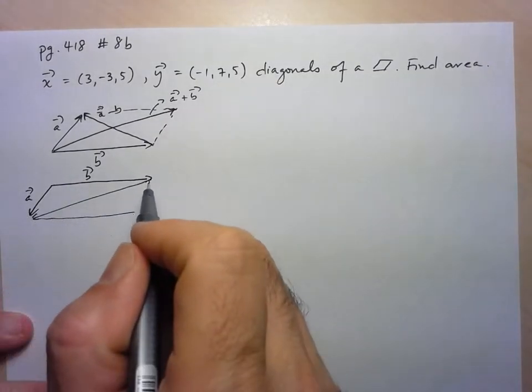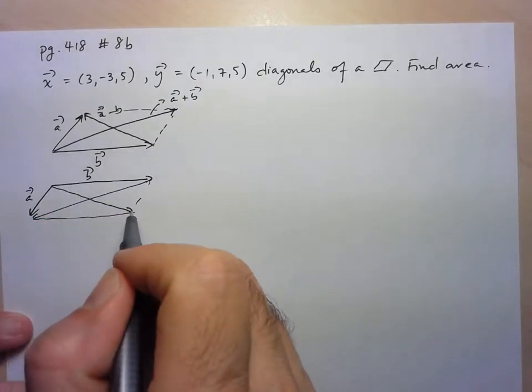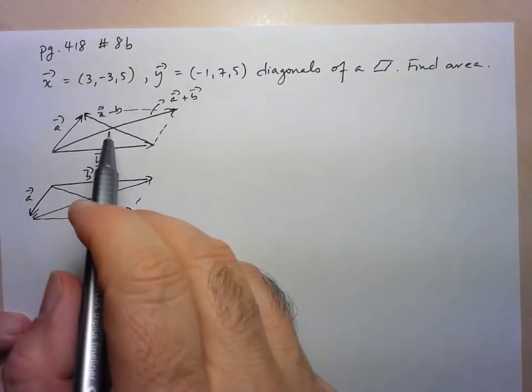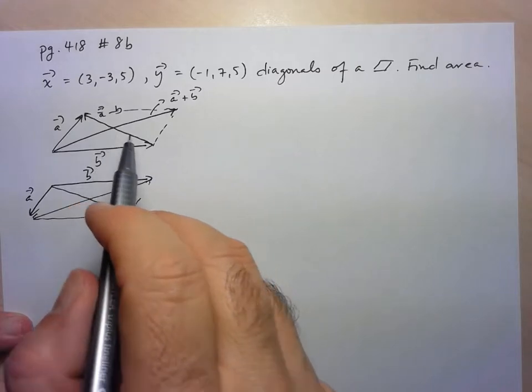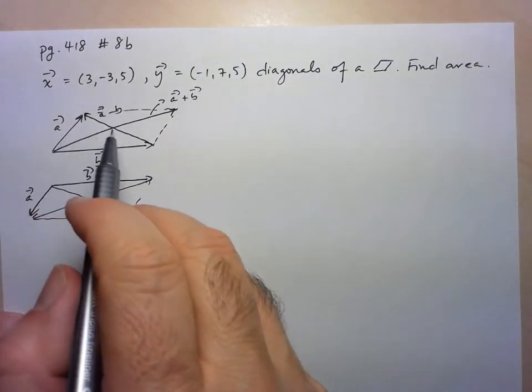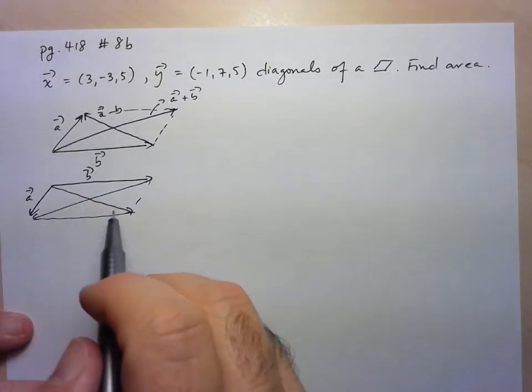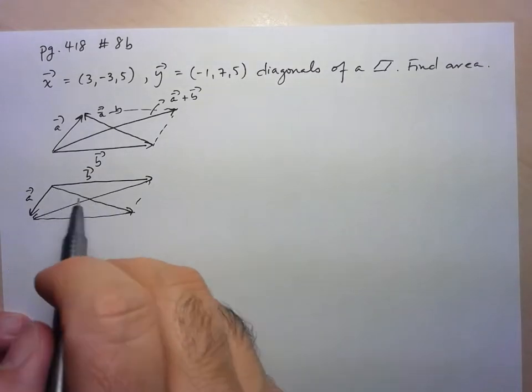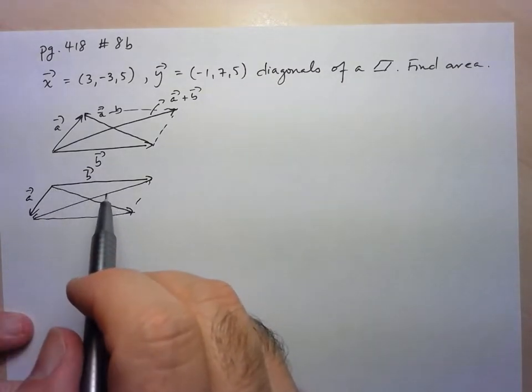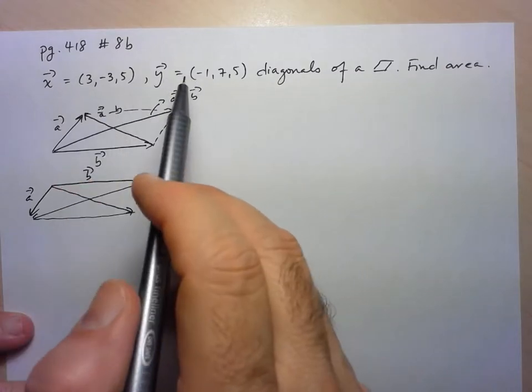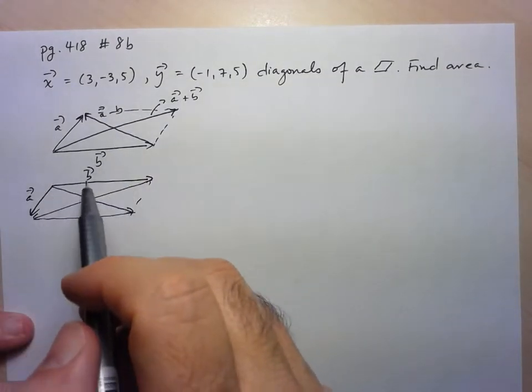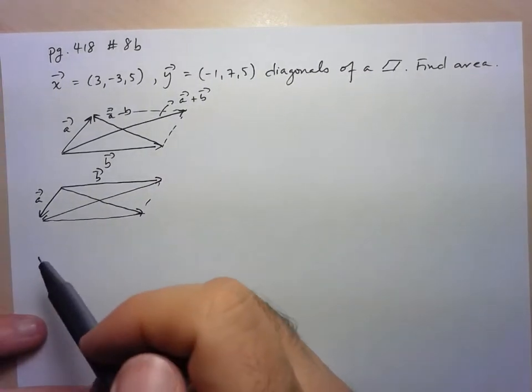And if I look at the other diagonal, in this configuration, this length is just the magnitude of the subtraction, whereas in this configuration, this length is just the magnitude of the sum. So in the end, it doesn't matter which one we call the sum or the difference. It's going to generate the same area parallelogram.